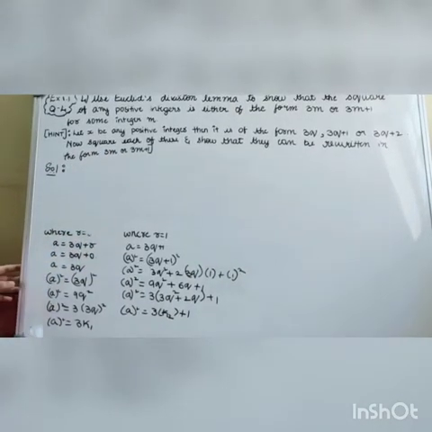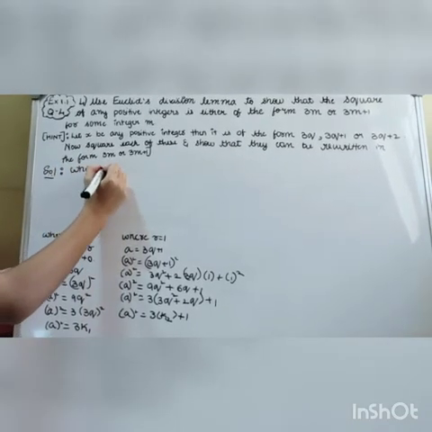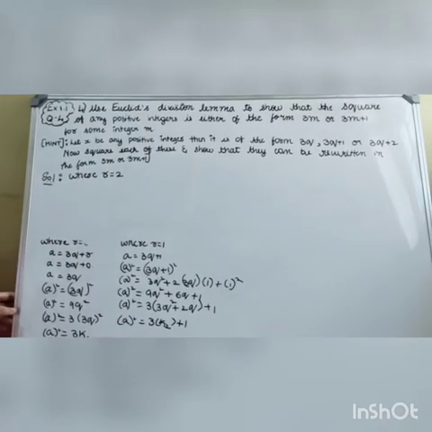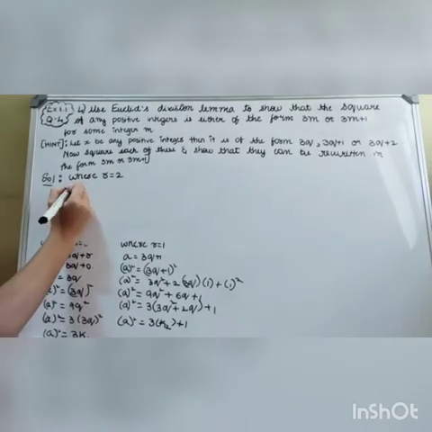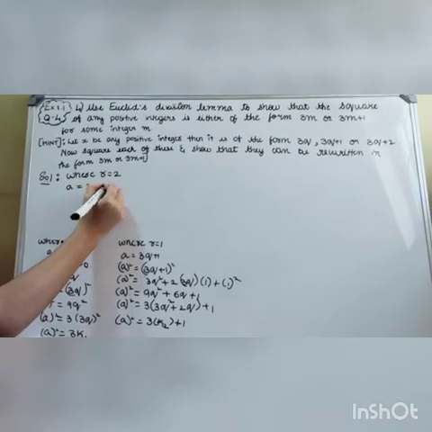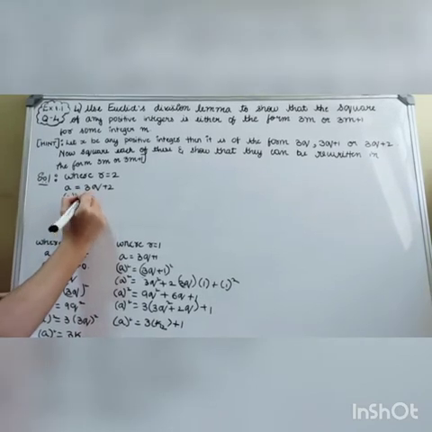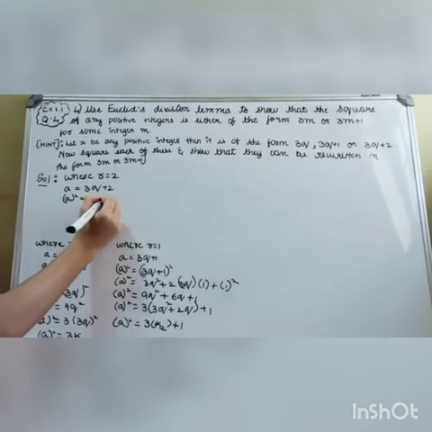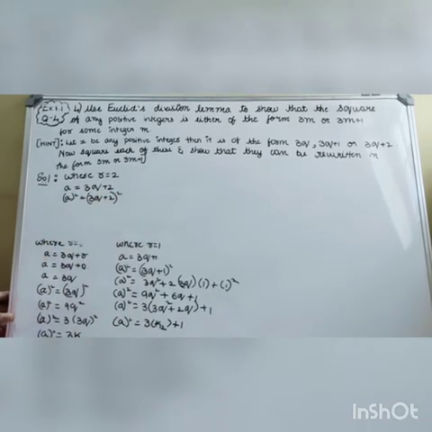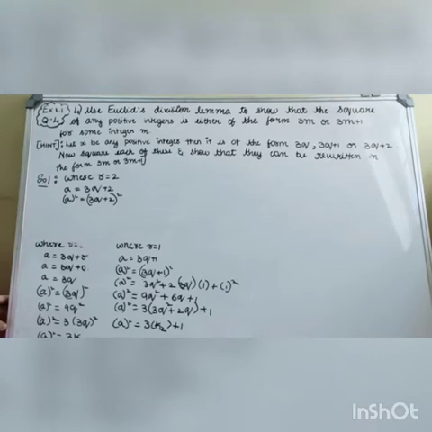So next we'll take r equal to 2. Now this might be tricky, so please see this carefully. Now a is equal to 3q plus 2, and we are doing the square. This is also in the form (a plus b) the whole square, which is a square plus 2ab plus b square.